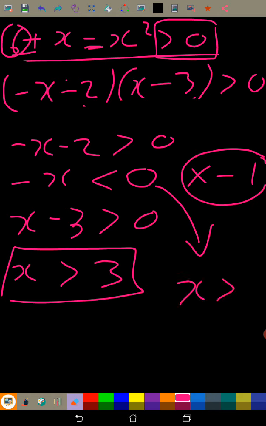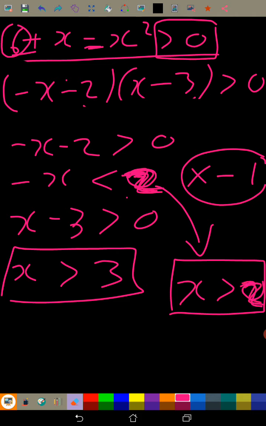It will give us x greater than 0. So before I said that when we are multiplying or dividing by a negative number, we have to change the sign of the inequalities. But what just happened here is this is 2 actually. It becomes 2, sorry. Greater than 2. Is it greater than 2?